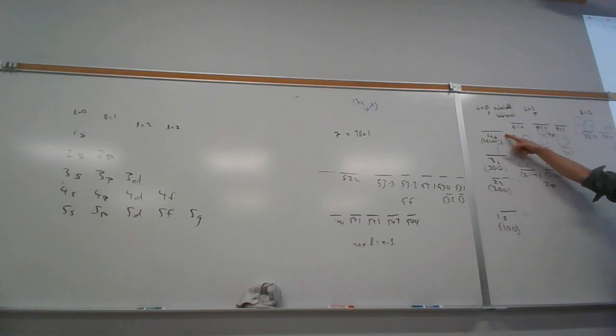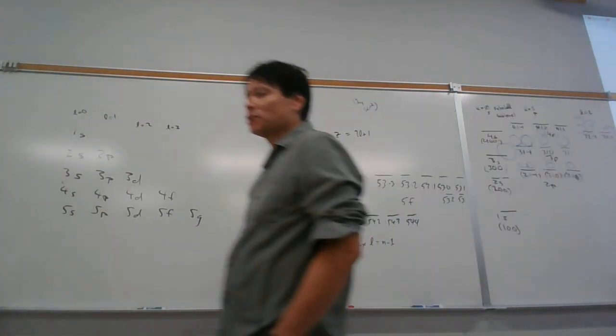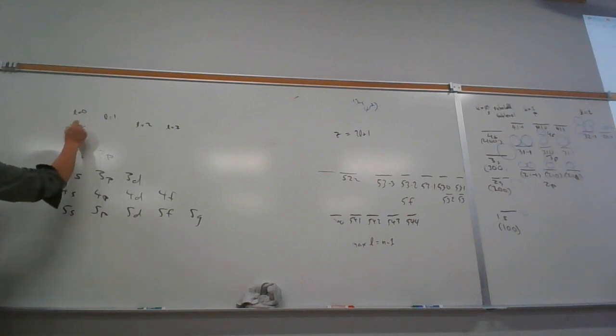Aufbau says it should fill below us, but it's just slightly higher in energy, so it could be there, depending. We'll take a look at a couple of exceptions that you need to know, but that's for filling. Each shell starts with an S. So this would be the first shell.